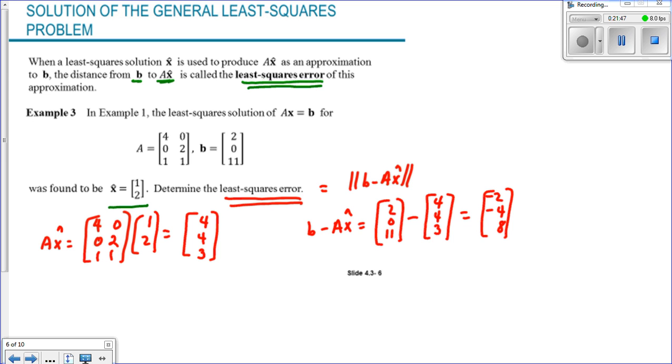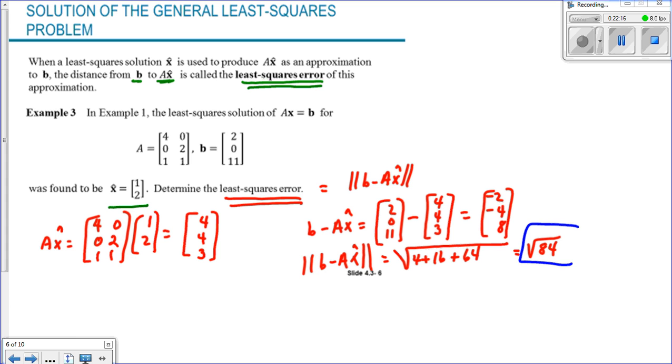Okay, so the least squares error then is the magnitude of that vector. Okay, so that's the least squares error. So no other x chosen will have a smaller error. So let's just check one. Okay, so that's your least squares error.